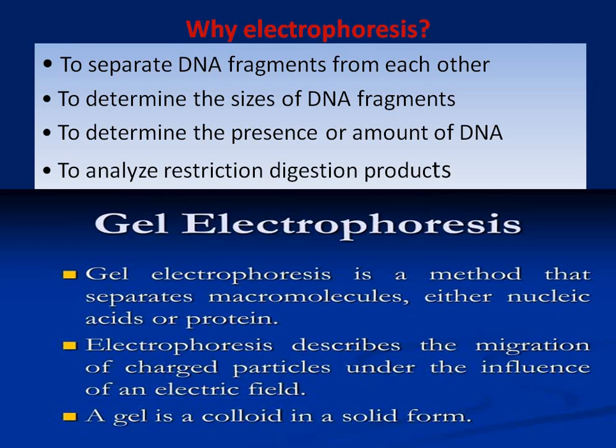That is, by using restriction digestion, we can easily cut the DNA fragments, and these cut fragments can be observed by the process of electrophoresis. So simply, gel electrophoresis is a method that separates macromolecules, either nucleic acids or proteins.